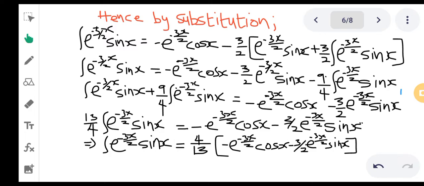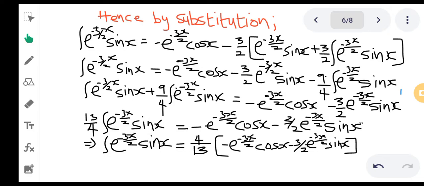Okay, so this place is equated to this place, that is minus e exponent minus 3x over 2 cos x minus 3 over 2 e exponent minus 3x over 2 sine x. Now what we intend to do is make the integral the subject, that is the answer for the integral.